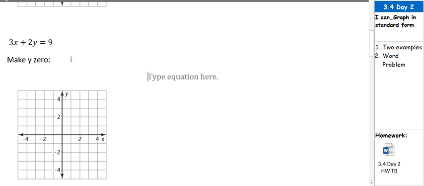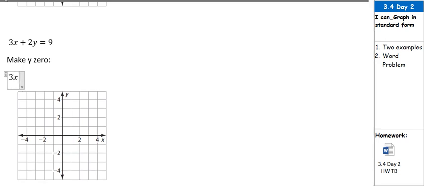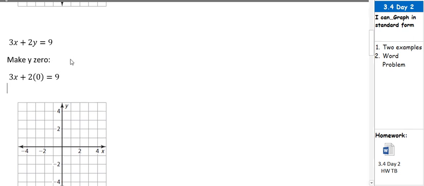So here's 3x plus 2 times 0 equals 9. So 3x equals 9.